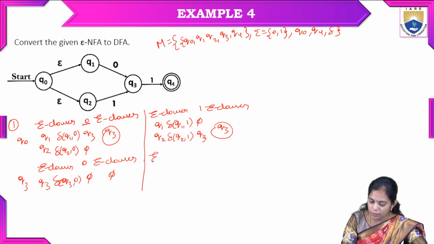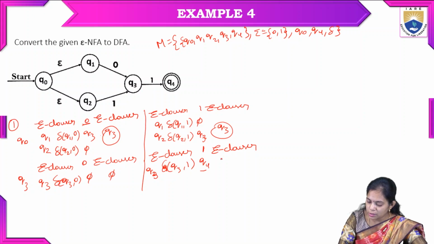The same thing for the 1 input. So Q3, and transition of Q3 comma 1 input symbol goes to Q4, then epsilon closure. So Q4 epsilon closure is Q4 only.